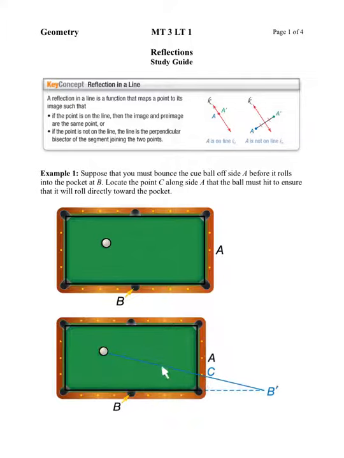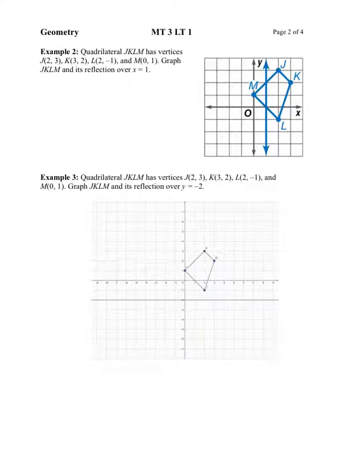So it will follow that path, hit the pocket, and go into B. And there I connected the points for us.